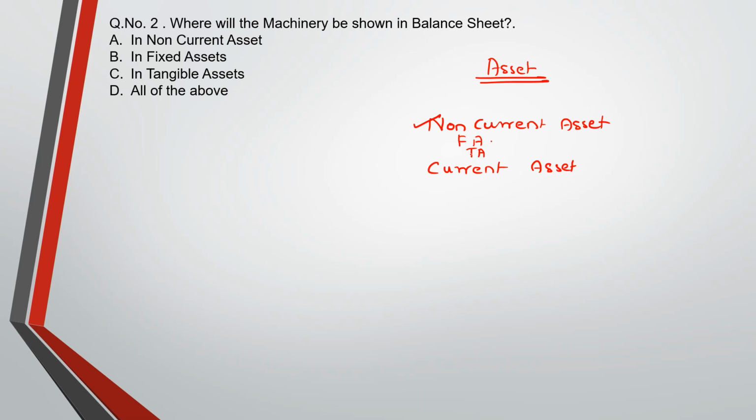So that is also right, and D is all of the above. So, the right answer for this question would be all of the above. Don't read the first option and answer directly, because as in this case, you could get such questions where all of the above would be true. So, machinery is classified under non-current asset in fixed asset under the tangible asset category.